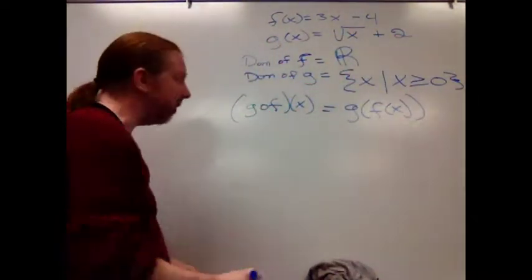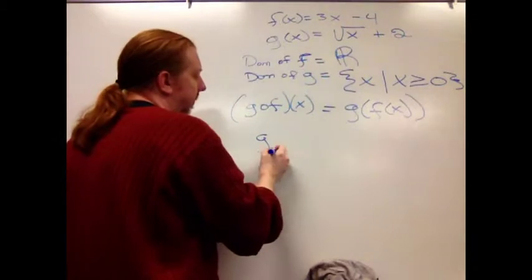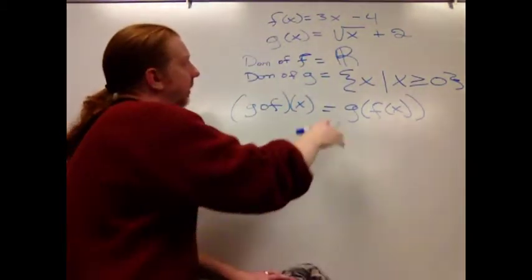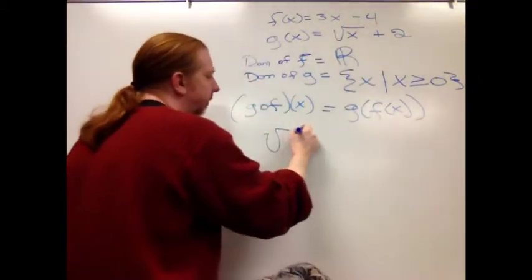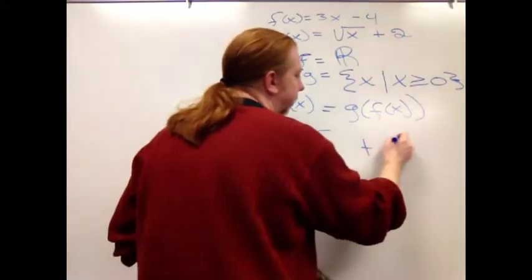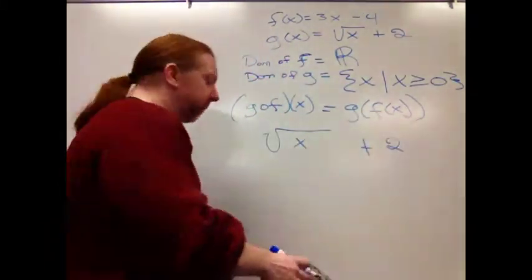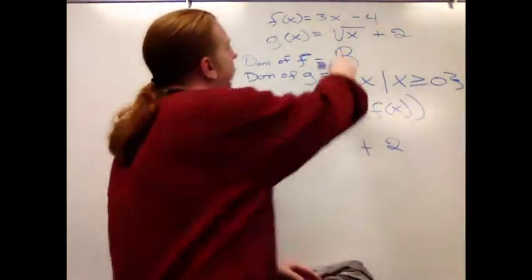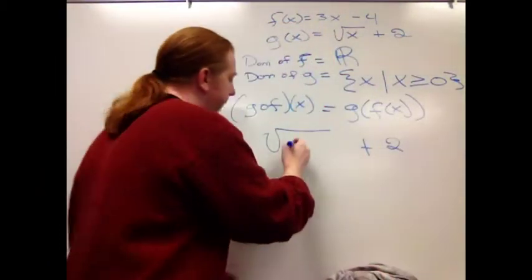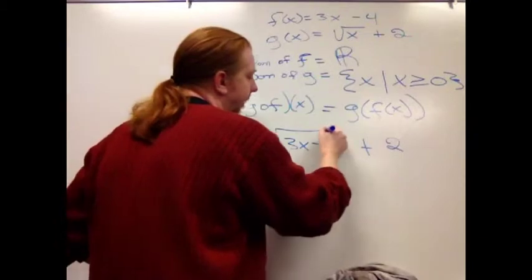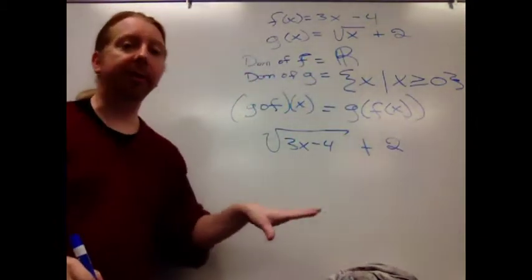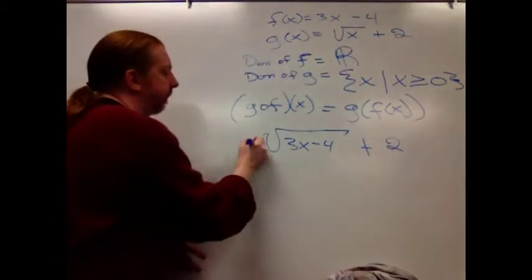Another approach you could use is I'm going to write down my function that is g, so square root of x plus 2. I'm going to replace the x with what f is. f is 3x minus 4. Now there's no simplifying to be done in this case.